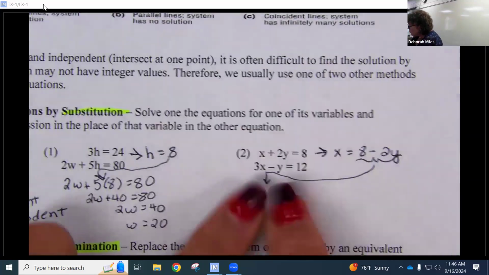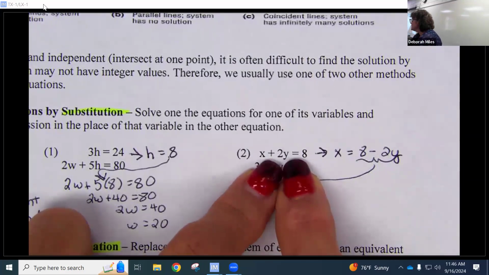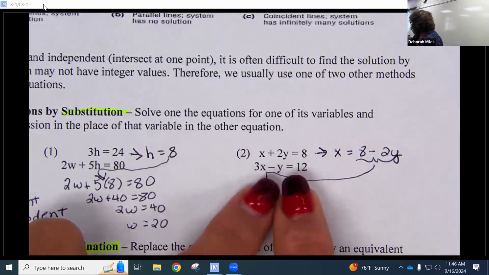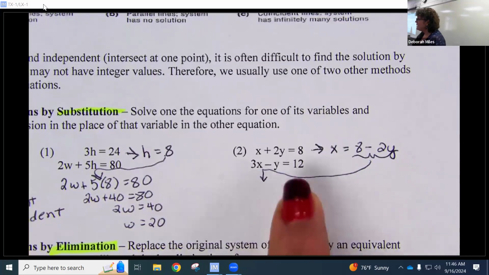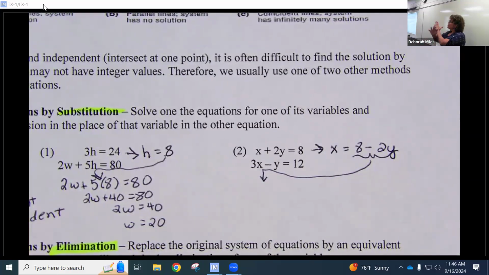So, Justin, what that would do is help me graph this line. And then I could do the same thing to graph this line, but then I'd be solving by graphing. I would be looking for the 1 point where the 2 lines crossed. If I'm not trying to solve by graphing, I don't want to do that.